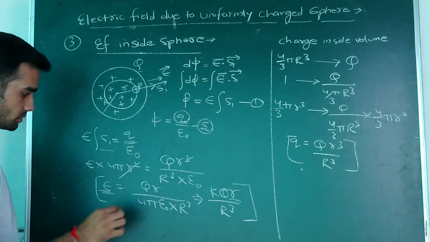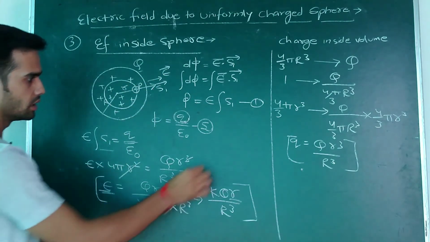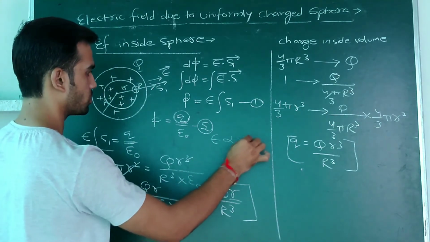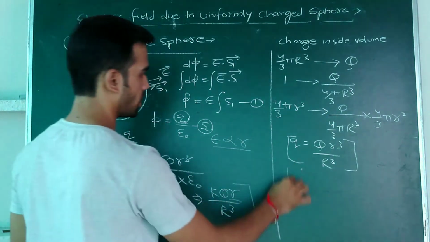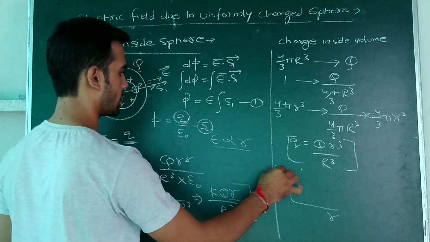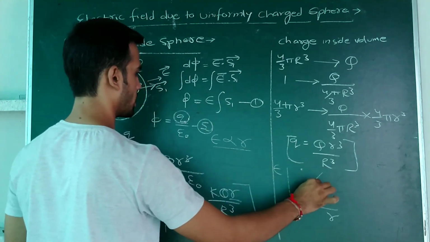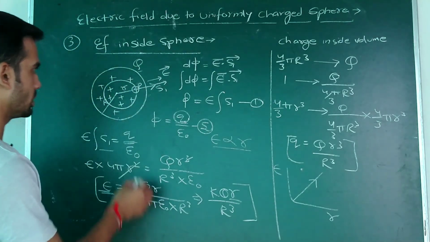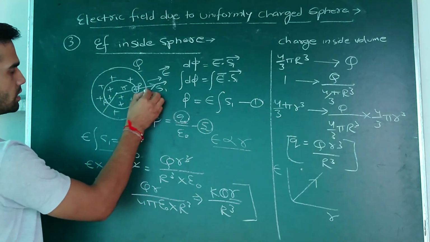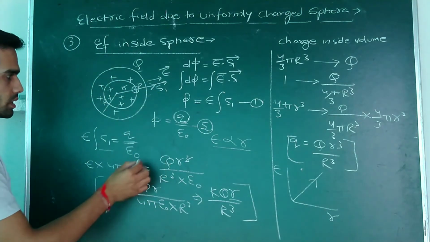Okay, so especially in this case, the electric field is directly proportional to small r. If we draw a graph between distance and electric field, then the graph will be like this, a straight line graph. As you increase the distance from center, the electric field also increases.